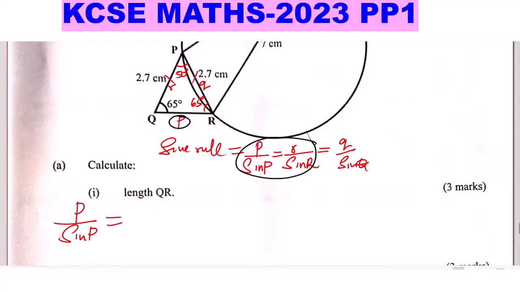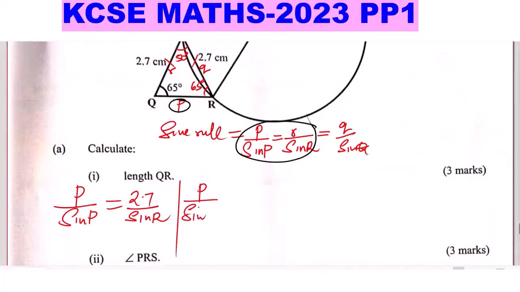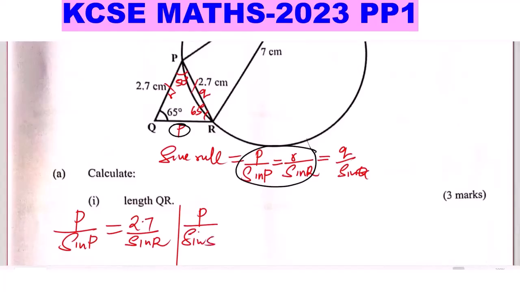So r is 2.7 over the sine of R. So p is what you're looking for. p over the sine of P. Angle P is 50, is equal to r, which is 2.7, divided by sine of R. Angle R is 65.